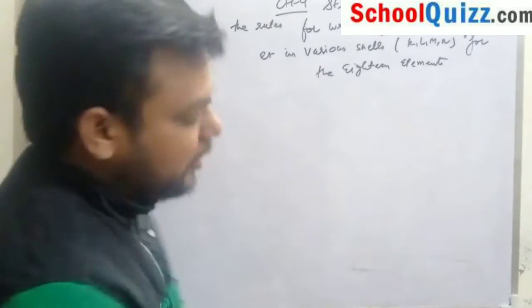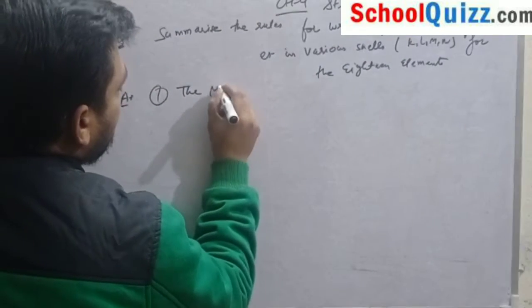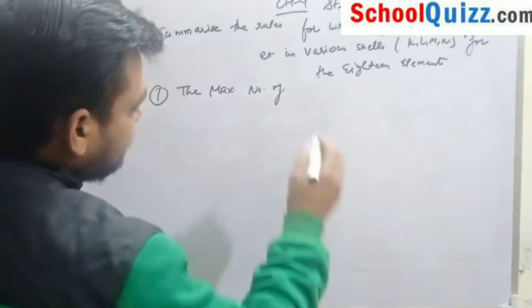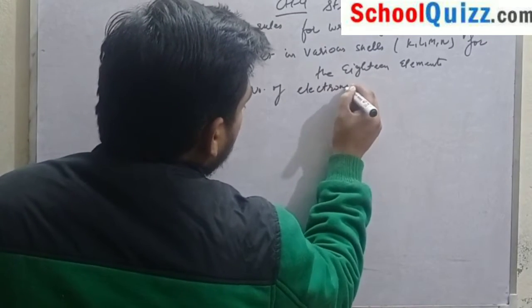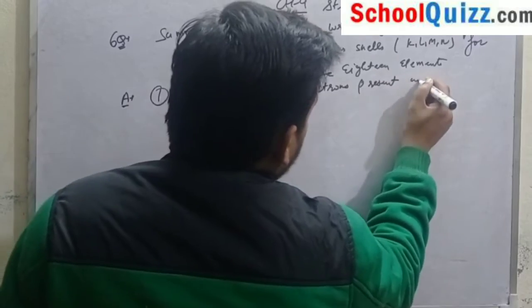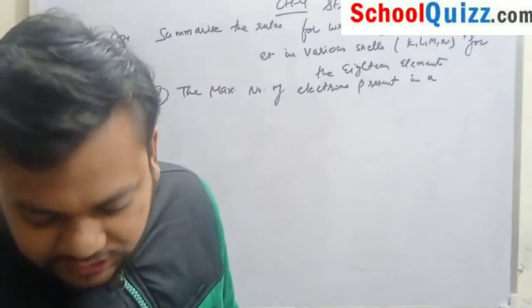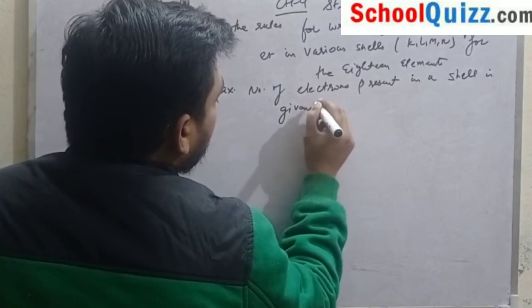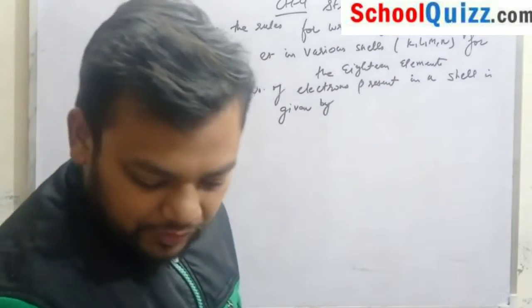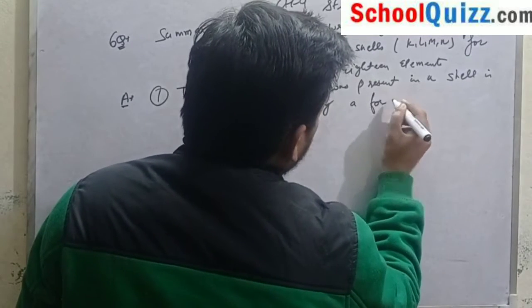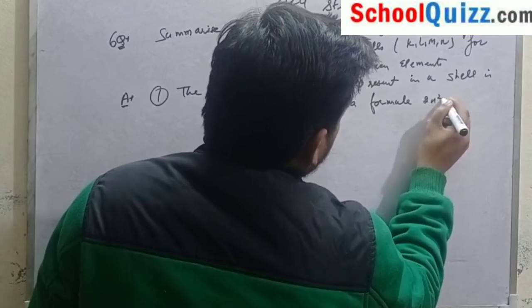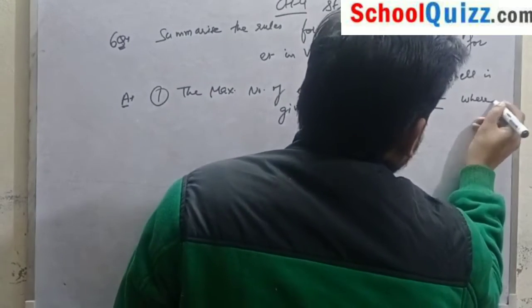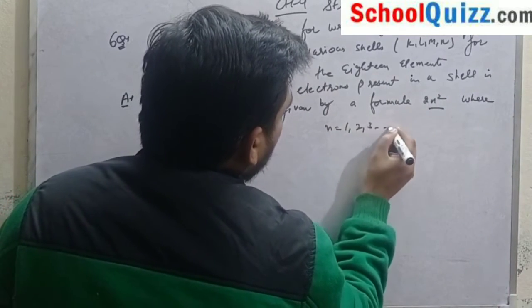The first point is that the maximum number of electrons present in a shell is given by the formula 2n square, where n can be 1, 2, 3 and so on.